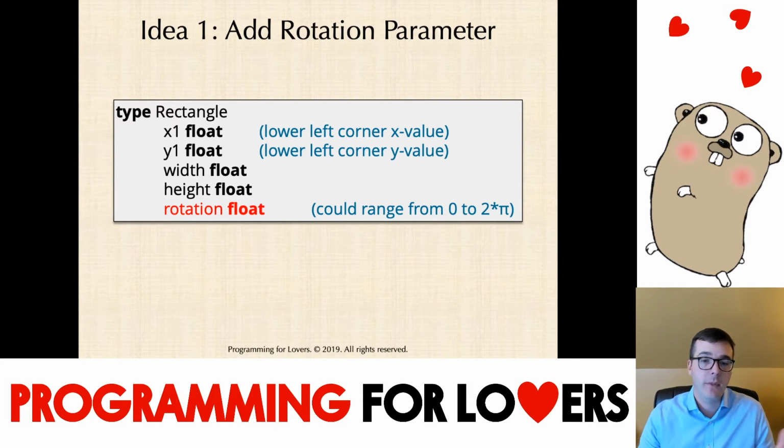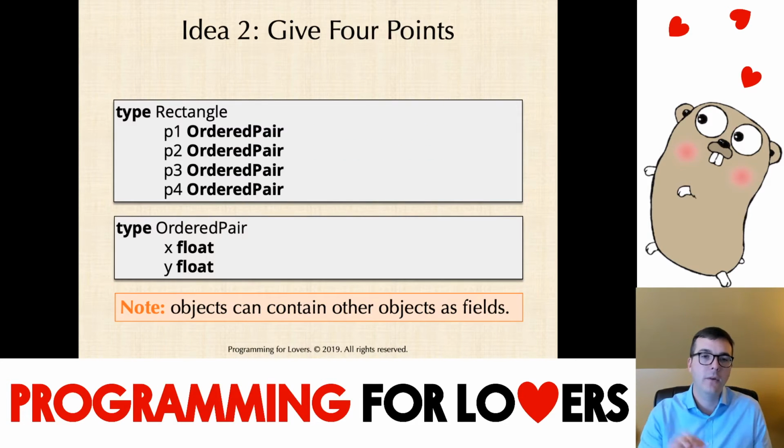Another example that students will give me would be to say, well, why don't I just think of the rectangle as 4 points? Maybe this representation of the rectangle isn't so great, so I'll think of it as just 4 points, and maybe I could create a point or an ordered pair object that has an x and a y. And so the rectangle would have 4 of these ordered pair objects, and so an object could have another object type as a field.